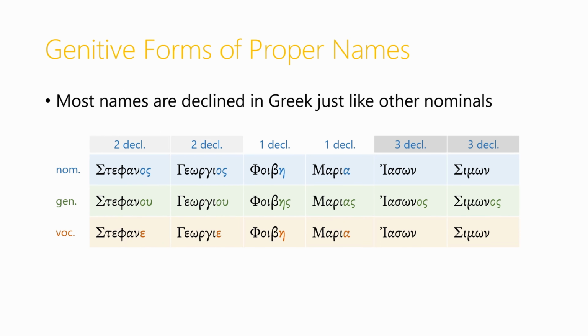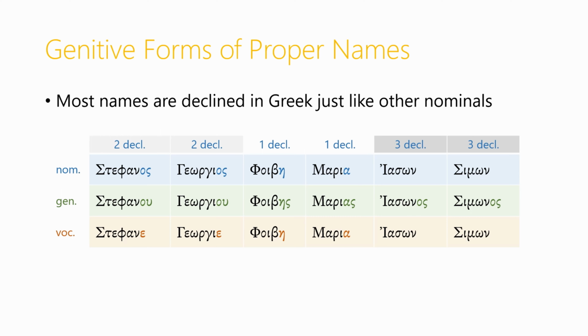Georgios becomes in the genitive Georgiou, and in the vocative Georgie. With first declension feminine nouns, we have Phoebe, which becomes Phoebes, and then the vocative Phoebe. And Maria becomes Marias in the genitive, and the vocative is Maria.